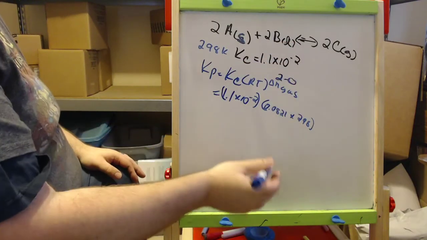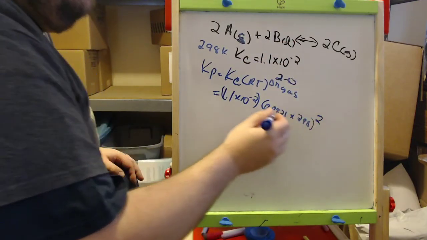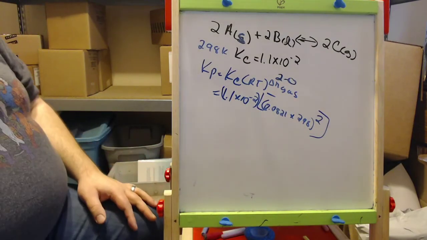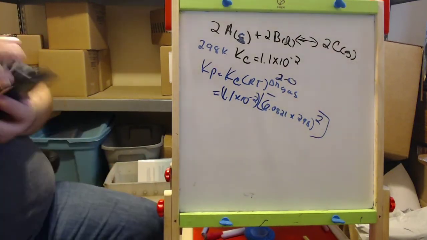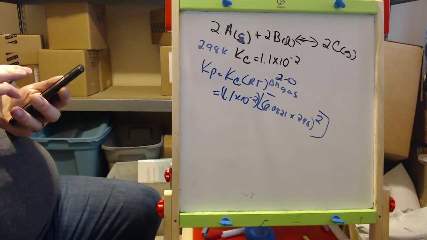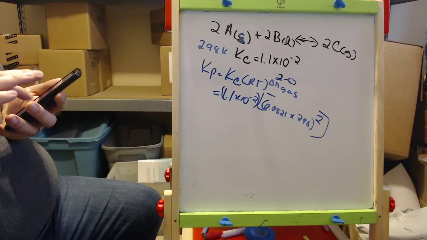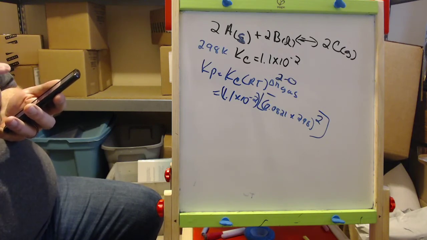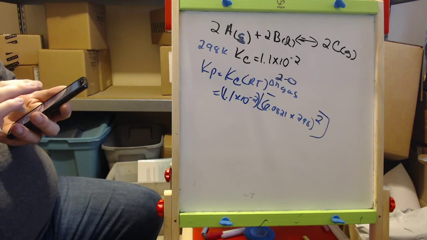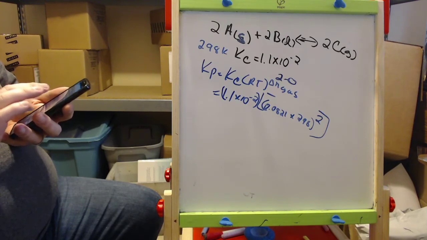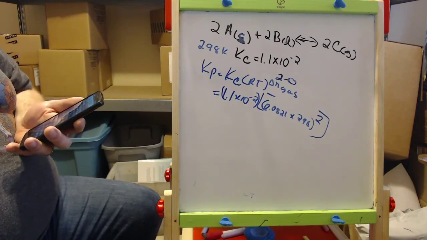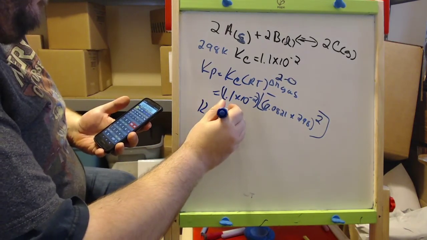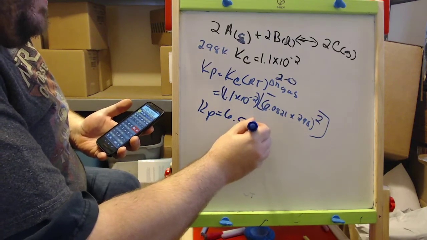So it's 2 minus 0. So my answer will be taking the ideal gas constant, 0.0821, multiplying it by the 298, squaring that answer, and then multiplying it by the Kc, 1.1 times 10 to the negative 2. And I get, for my Kp, if I did my math right, 6.58.